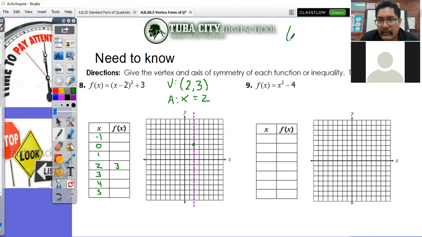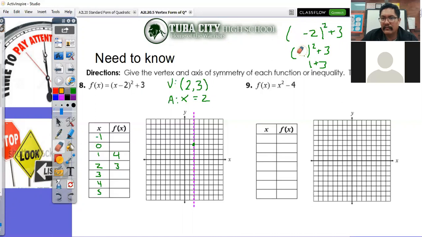So 1 minus 2 squared plus 3. 1 minus 2 is negative 1 squared plus 3. And negative 1 squared is 1. So that's 1 plus 3, and that'd be 4. But like I said, there's going to be a difference of 1 between these two numbers.